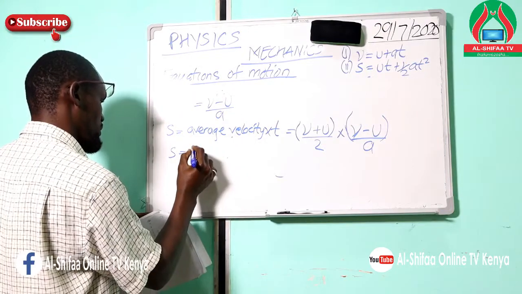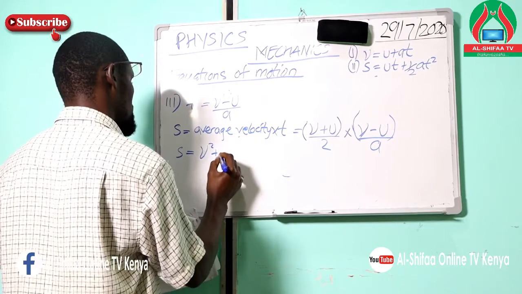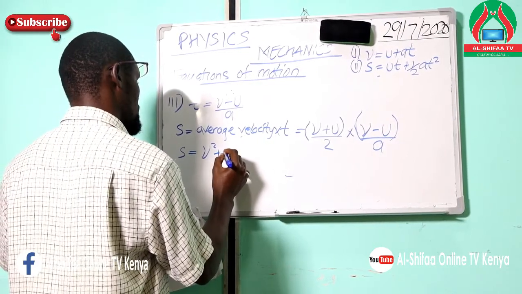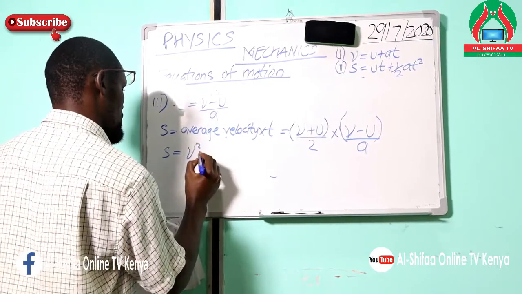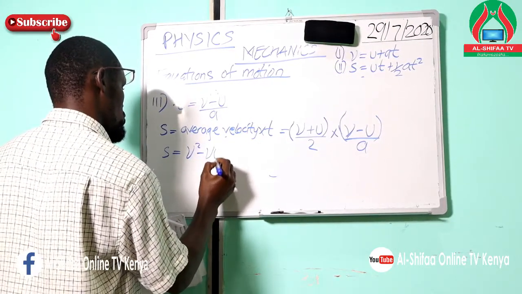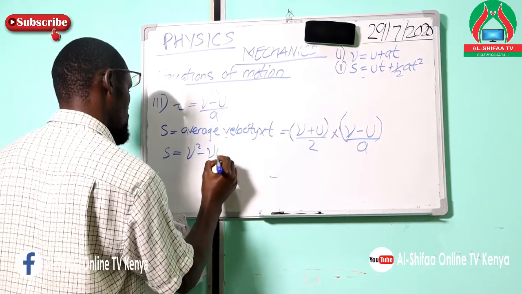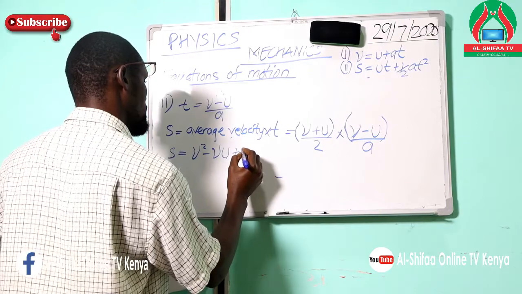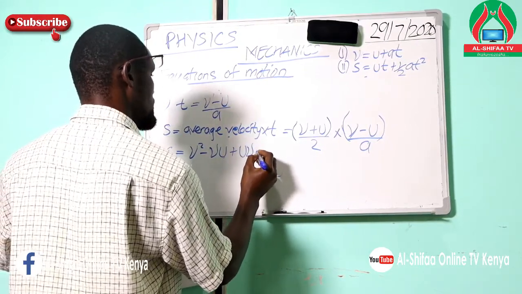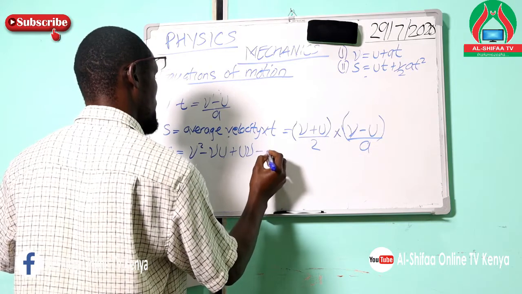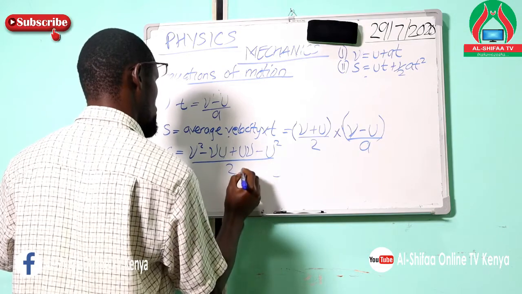It will be v squared plus vu minus vu minus u squared over 2a.